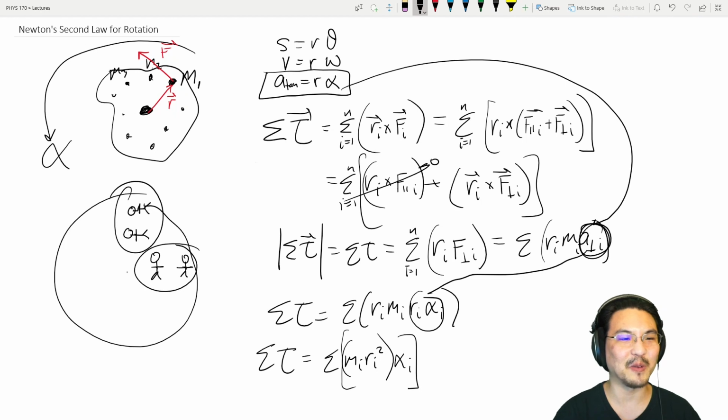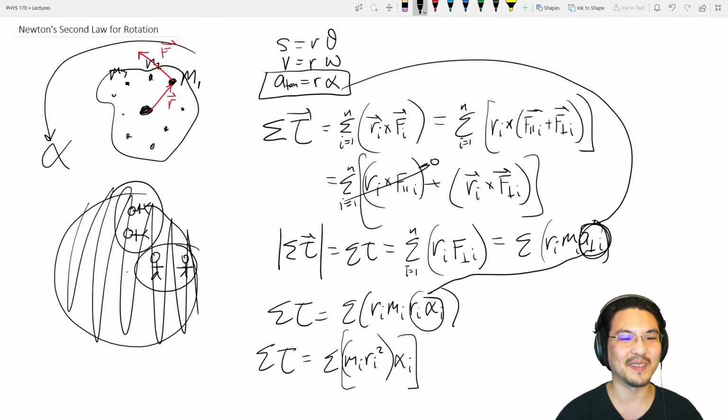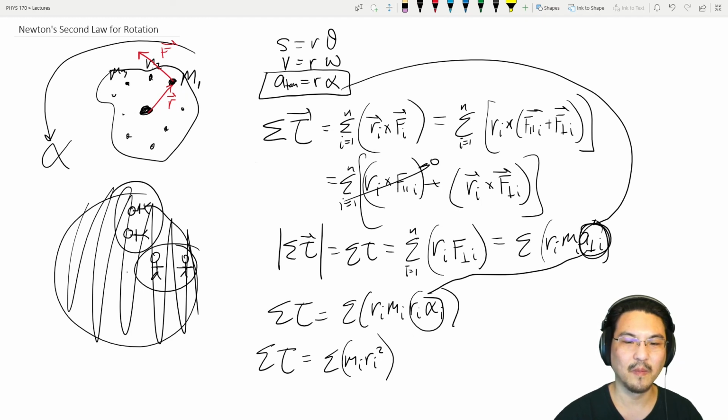Like every molecule in this disk is rotating with the exact same angular acceleration, which means over here, I can pull that out of the sum. So I can take this out of the sum. Here, it's the same for everybody.